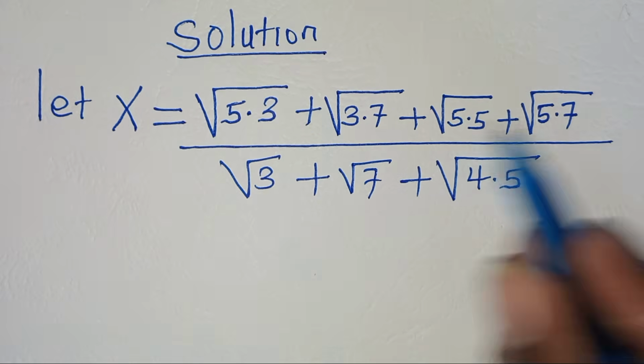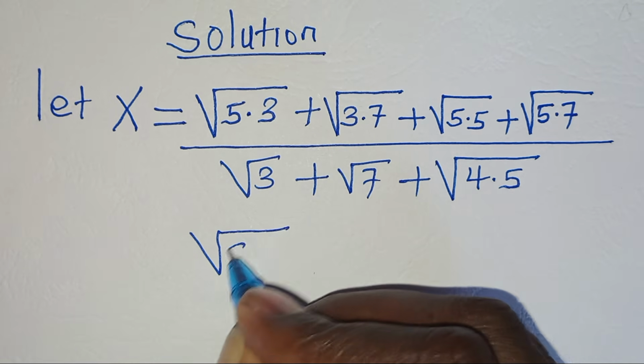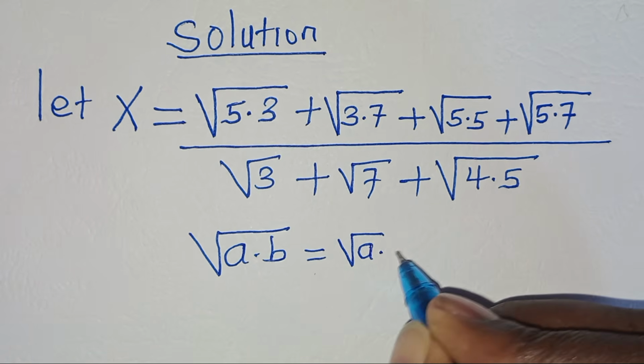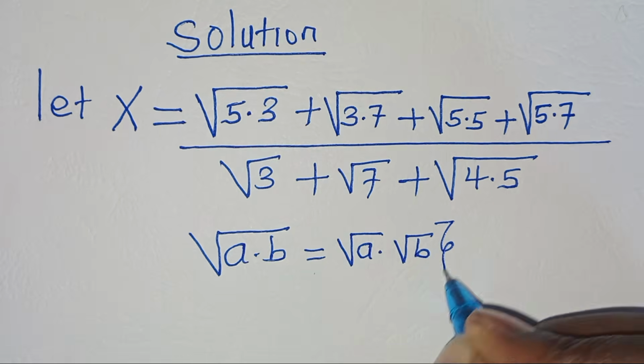Now, this is actually in the form of square root of a times b, and this can be expressed as the square root of a times square root of b.